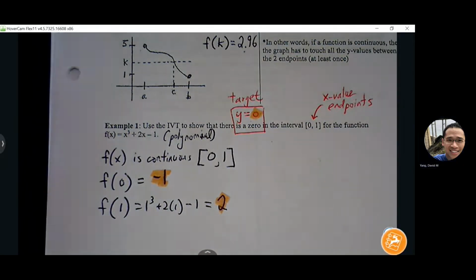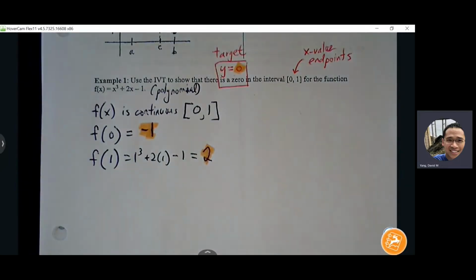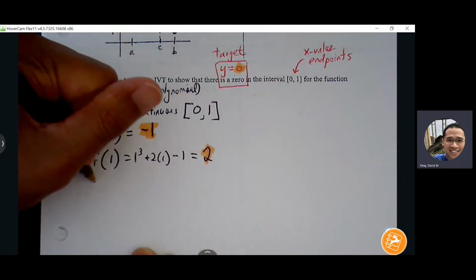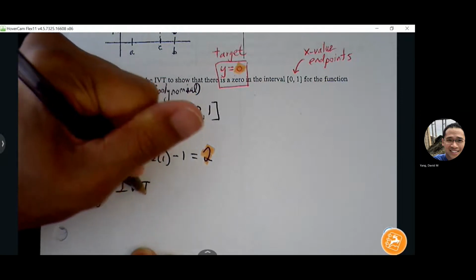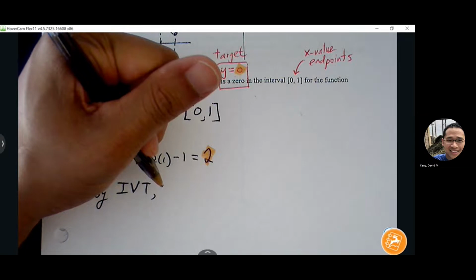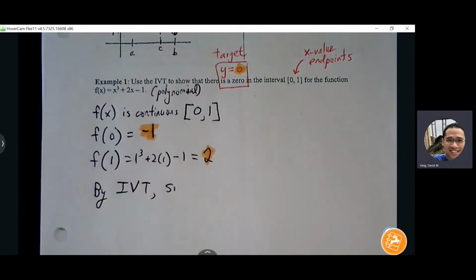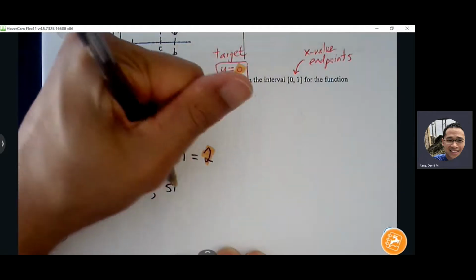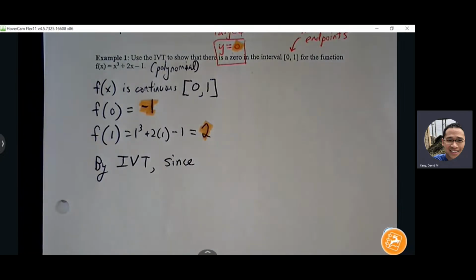Okay. Now, let's justify. We need to be able to finish off our statement. So we'll say this, by IVT, since, okay, and we've already established the function is continuous, so we don't have to restate that. There are different ways to write this, but this is the most efficient way that the College Board has used for grading.